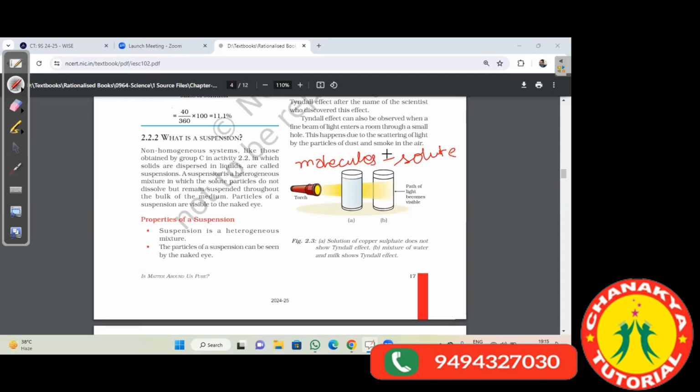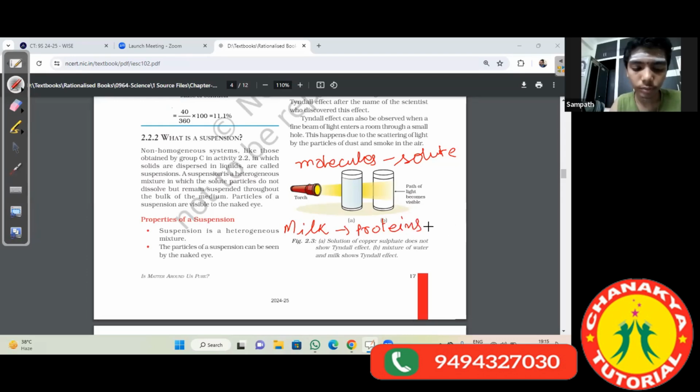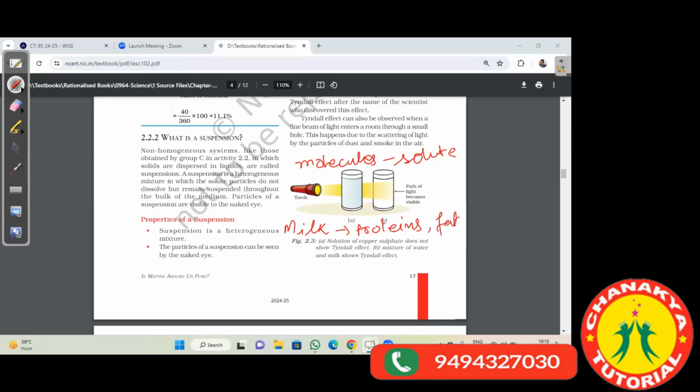For example, milk contains proteins and fats. Both of them are large molecules. The proteins are long polymers. Fats are also big molecules. So you have a number of large molecules, uniformly distributed in milk.